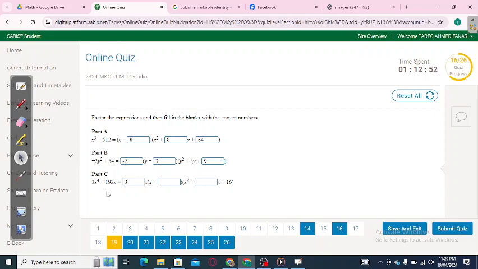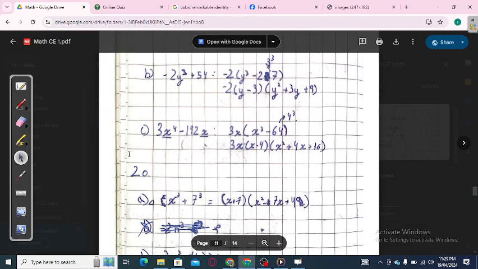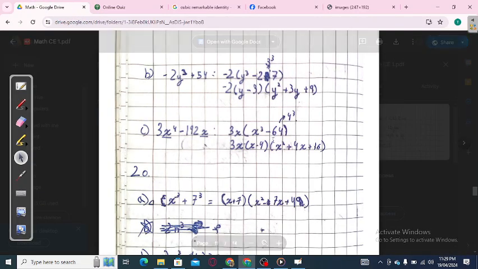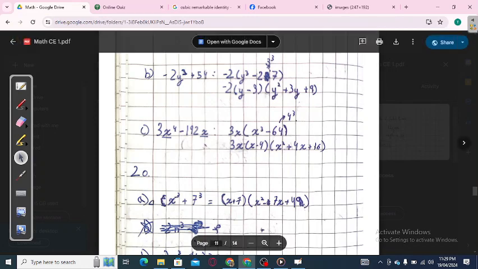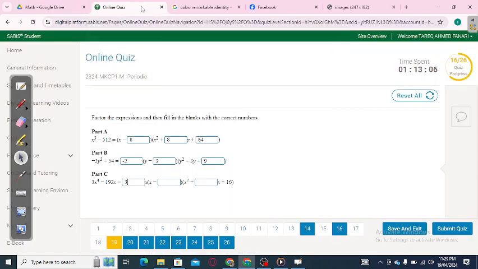You're gonna have x cubed minus 64, which is 4 cubed. Okay, that's your primary factor.